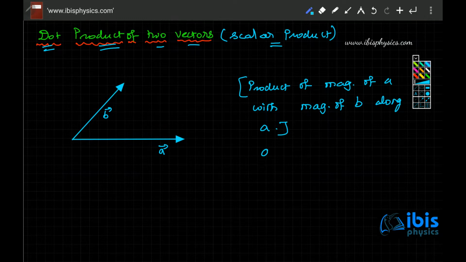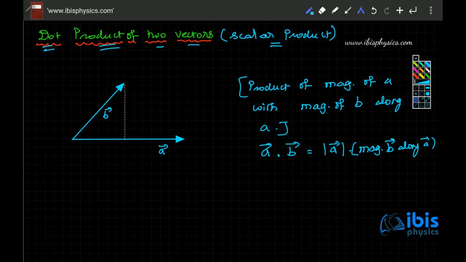When you say a vector dot b vector, it is magnitude of a vector multiplied by magnitude of b vector along a vector. How do we find that? Let's draw a line, thereby forming a right triangle.